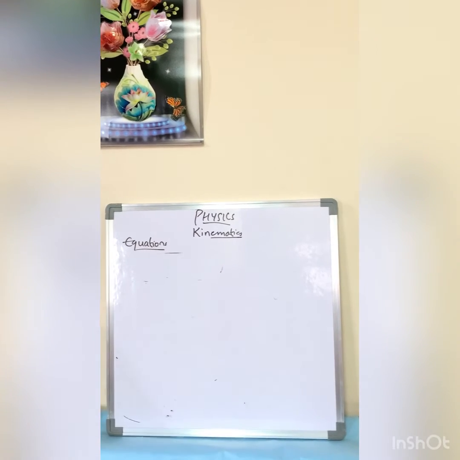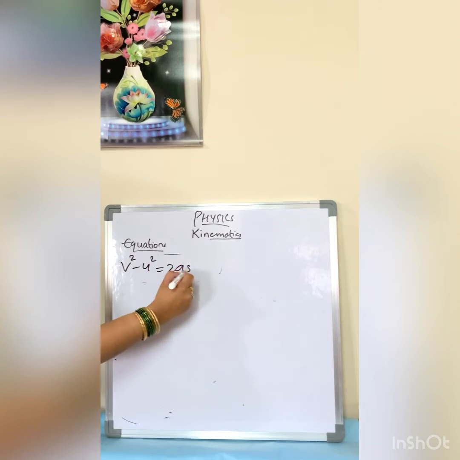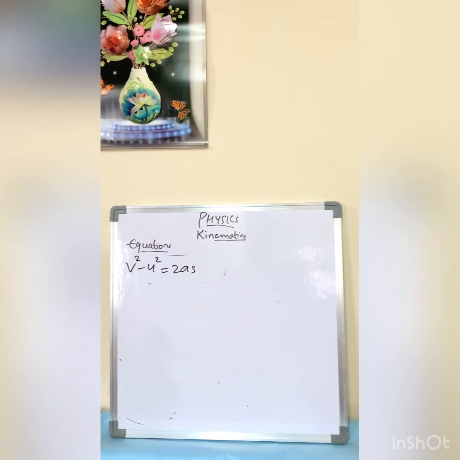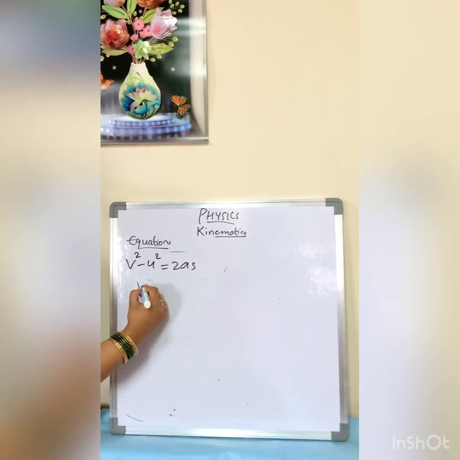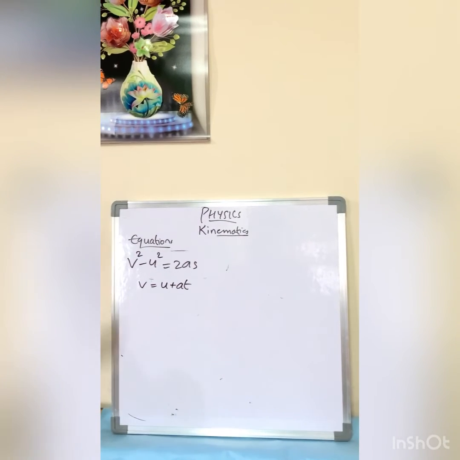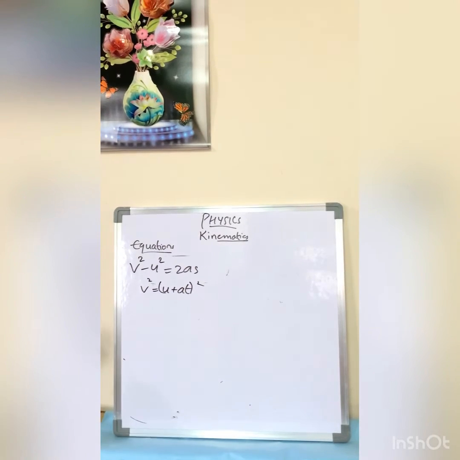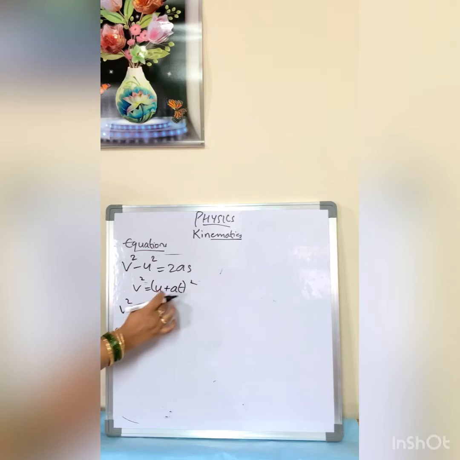Okay, the final equation is V square minus U square is equal to 2AS. So in the first formula, V is equal to U plus AT. Square it on both sides, like V square is equal to U plus AT whole square.